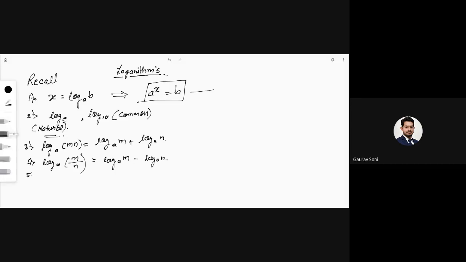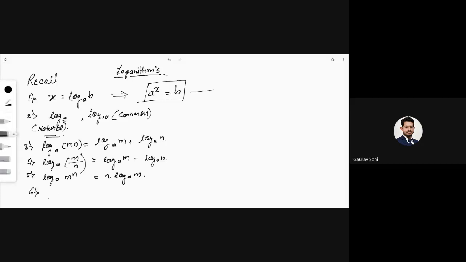Fifth one, log to the base a of m raised to n is equal to n log to the base a of m.